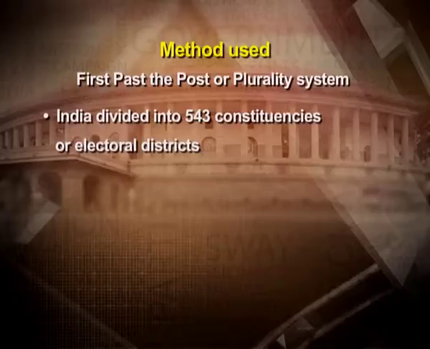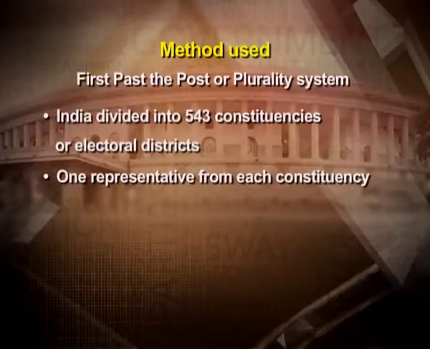Just as we have administrative districts, we have electoral districts also. These electoral districts in India are known as constituencies, and each constituency is represented by one person. In other words, one representative from each constituency.